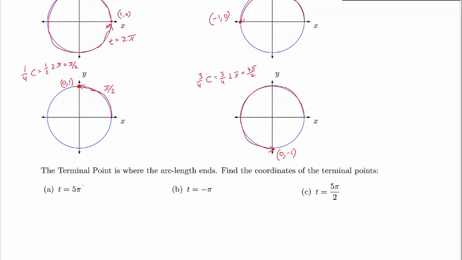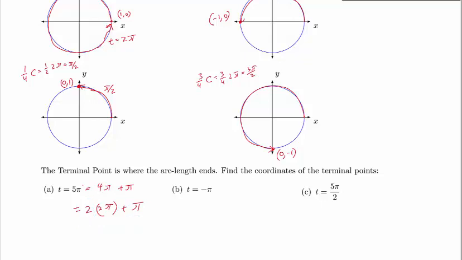Okay, so let's go ahead and take a look at this. 5 pi. So we want to look at, okay, how many times around are we going? How many 2 pi's can we pull out? Well, it turns out that we can break this into 4 pi plus pi, right? And we further break it down like this. Now, what does this mean? 2 pi represents one full time around the circle. How many times do we go around the circle?